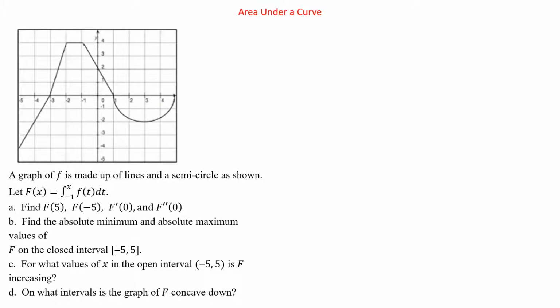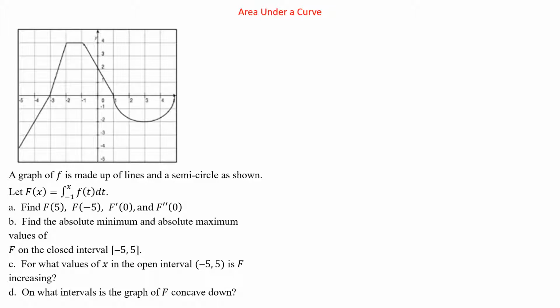Part C and D, for what values of x in the open interval is f increasing? So remember, f is the antiderivative. For it to be increasing, we need the derivative to be positive. The derivative is the graph that we are looking at.